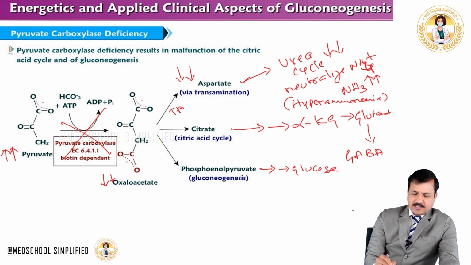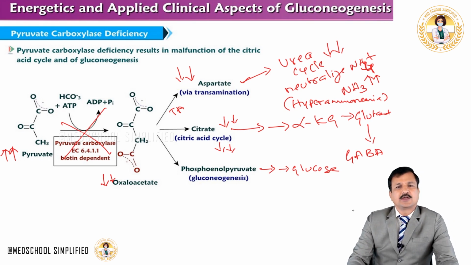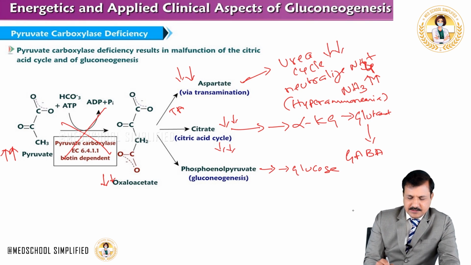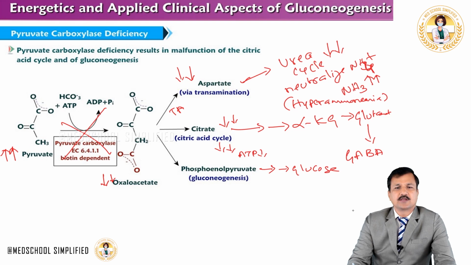Now, formation of citrate decreases, and that means the TCA cycle decreases because oxaloacetate is down. When the TCA cycle is down, that means ATP levels will be decreased because the TCA cycle is one of the sources for ATP.